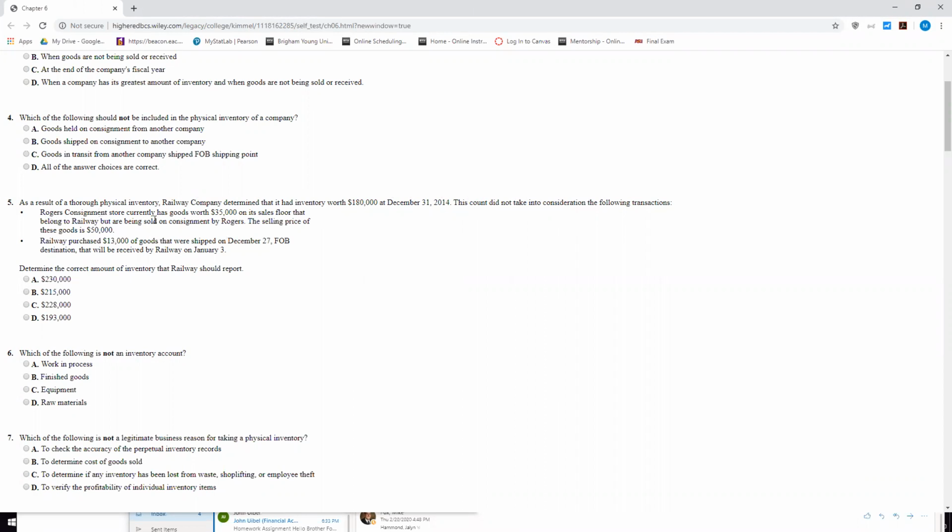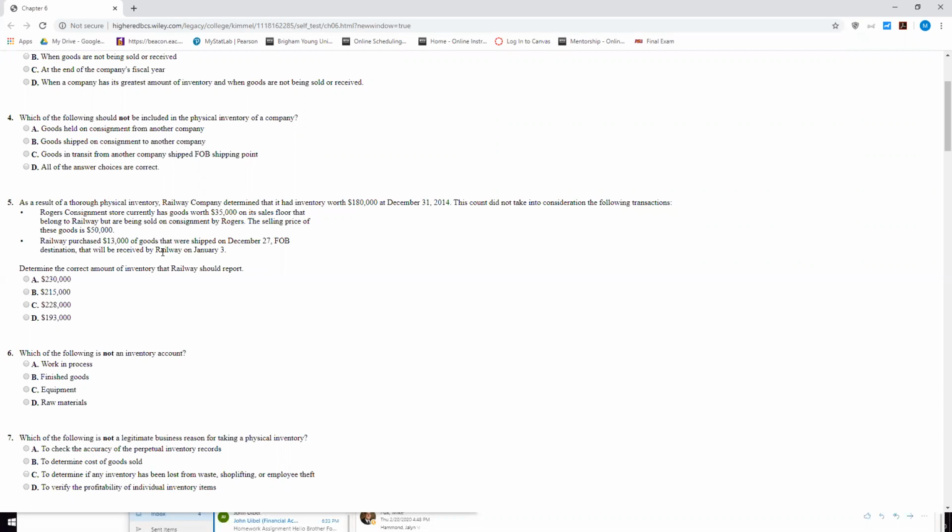Rogers Consignment Store currently has goods worth $35,000 on its sales floor that belong to Railway, but are being sold for Railway. The selling price of these goods is $50,000. Railway purchased 13,000 of goods that were shipped on December 27th FOB destination that will be received by January 3rd. So what they're trying to get you to do is to evaluate these 2 things and decide whether or not they should be added to inventory. It's just the consignment part.